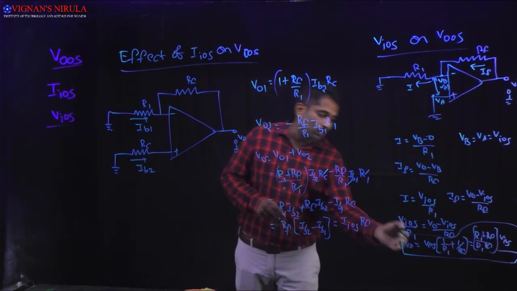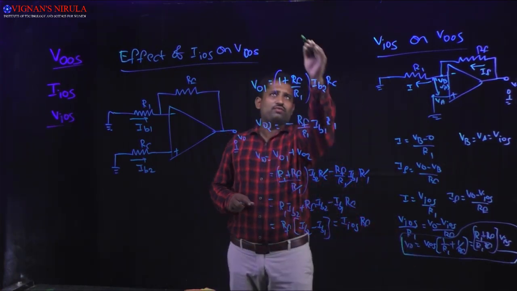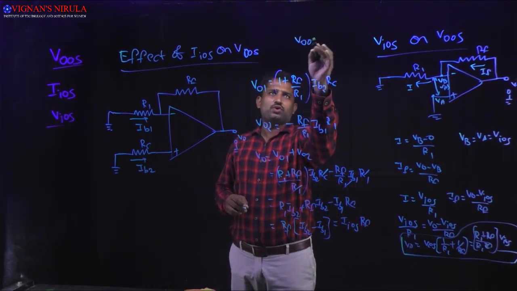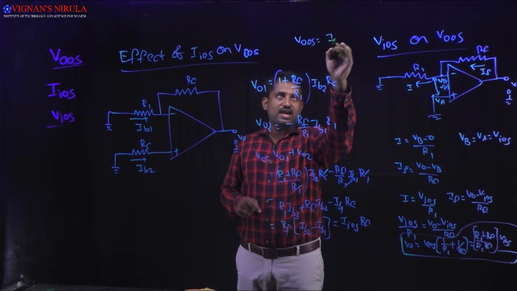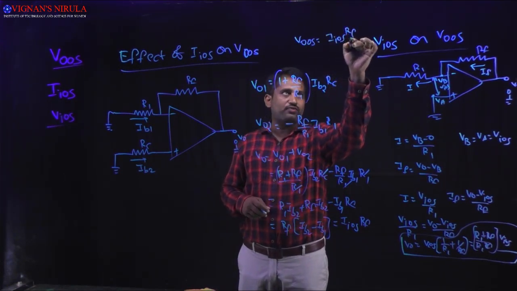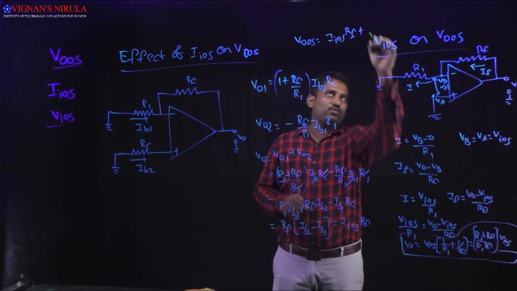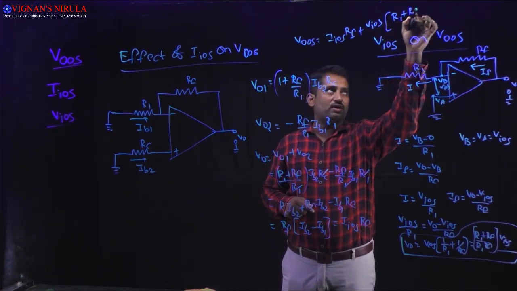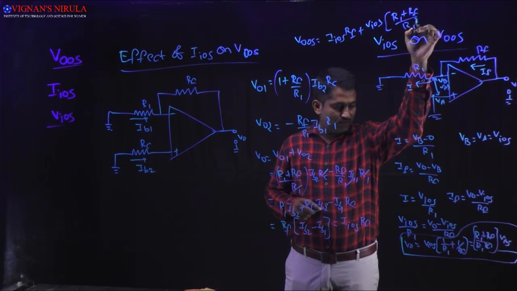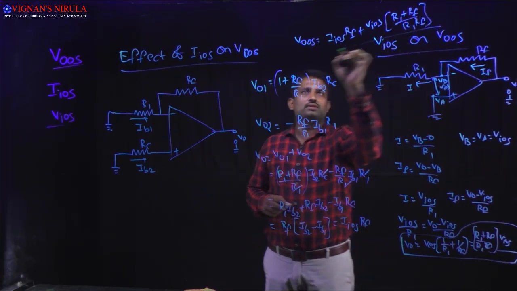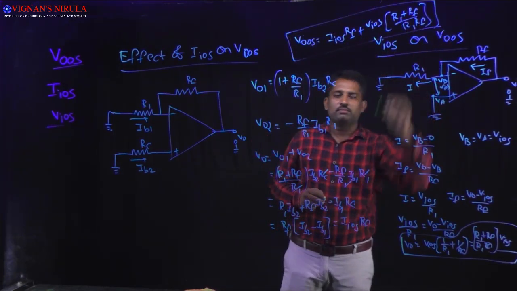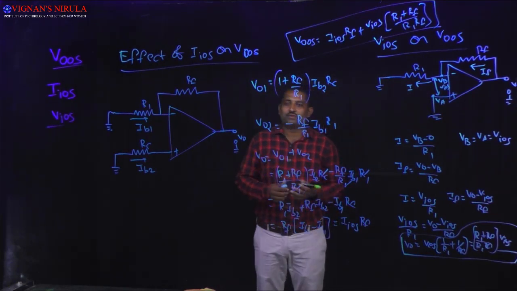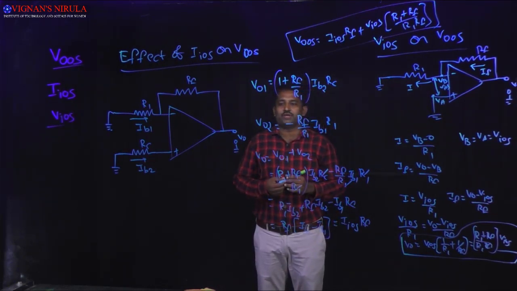Output offset voltage: finally VOOS is equal to IIOS into RF plus VIOS into R1 plus RF divided by R1 into RF. With this, the measurements of parameters of op-amp topic is completed.